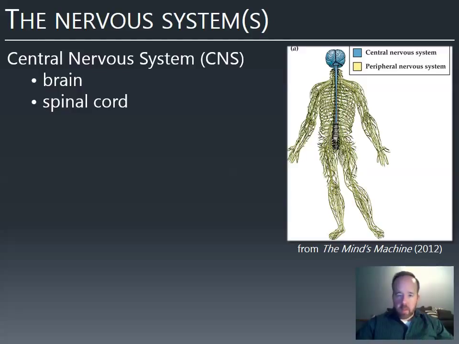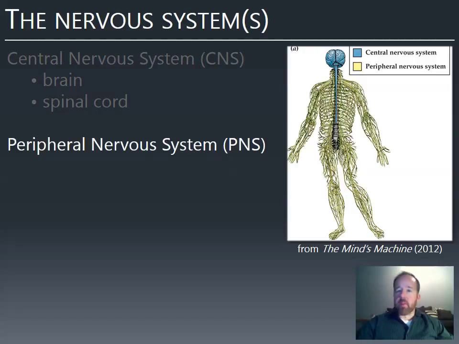But that distinction is not important for our purposes. When we say central nervous system, we mean the brain and the spinal cord, and more often than not, really just the brain. The spinal cord does some processing, like reflexes, but doesn't do a lot of intense information processing. So usually in our discussion of the central nervous system, we'll be talking primarily about the brain.